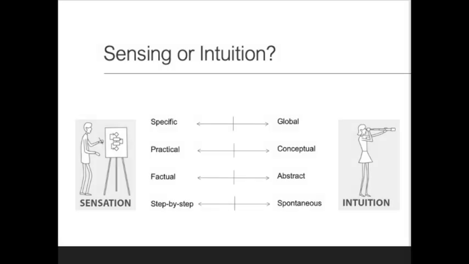Okay, and on to Jung's third set of behavioural preferences, sensing and intuition. Now, this is all about the type of information we more naturally gravitate towards and how we make use of that information.